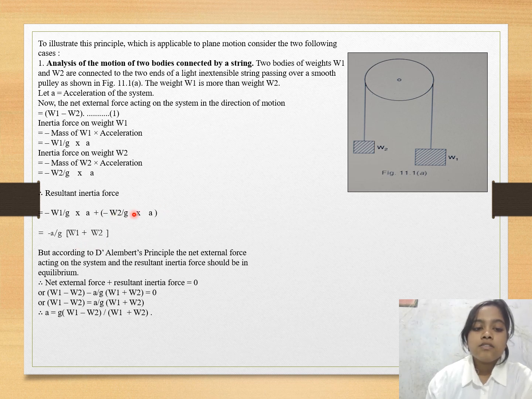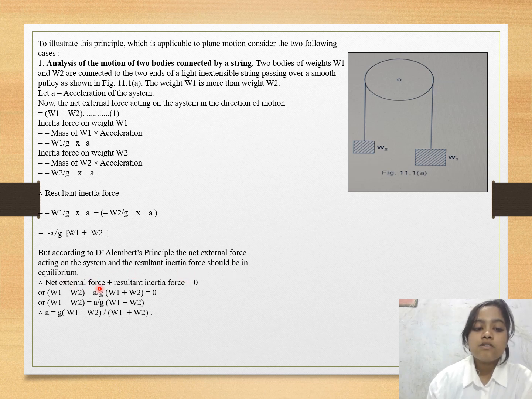Now, according to D'Alembert's principle, the net external force acting on the system and the resultant inertial force should be in equilibrium.